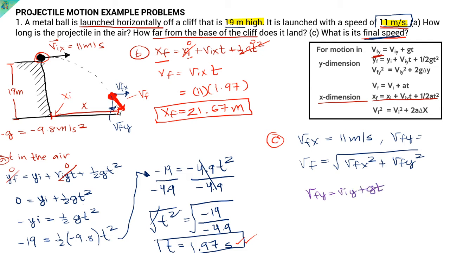Okay, so what is our initial velocity on the y-axis? According to our story here, we started at a horizontal velocity of 11 meters per second. However, there's no velocity given on the y-axis, which means that our initial velocity on the y-axis is actually 0 meters per second, which allows us to cancel this one.